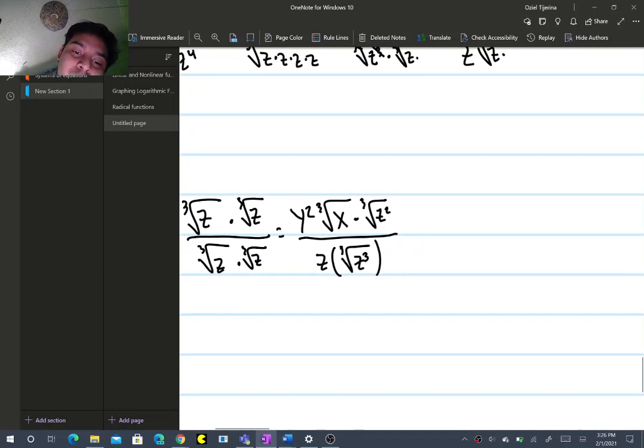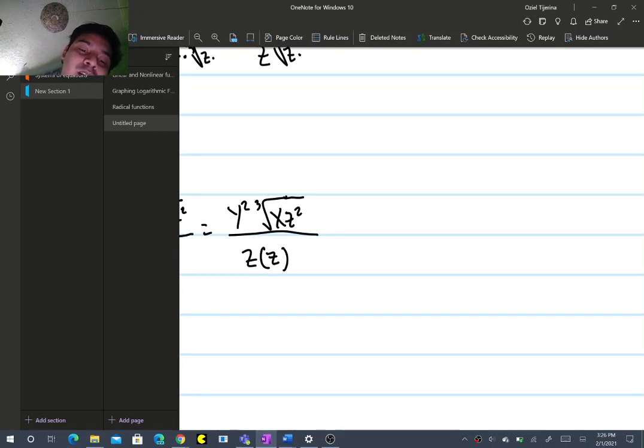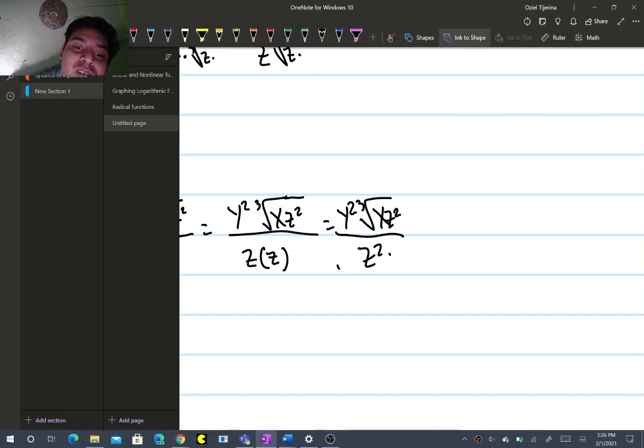So basically we're going to have y squared times the cubed root of x, and notice that they're both cubed roots, so we're going to bring them together: xz squared divided by z, and then the cubed root of z cubed is just z, so z times z, and we end up with y squared times the cubed root of xz squared divided by z squared. And this, ladies and gentlemen, is our final answer.